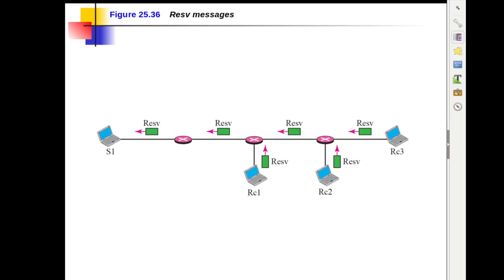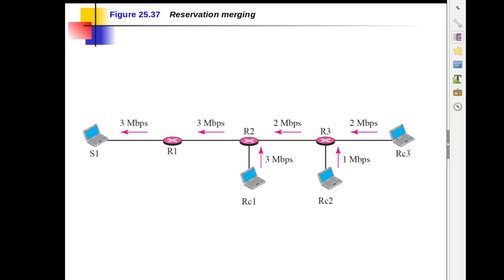Very simple. However, if you think this happened, what about the quality of service, maybe requirement of bandwidth? So this reservation can be merged. See, basically what happens in RSVP, the resources are not reserved for each receiver in a flow, right? The reservation is merged. So in this figure, as you can see, this receiver 3 is there, right?